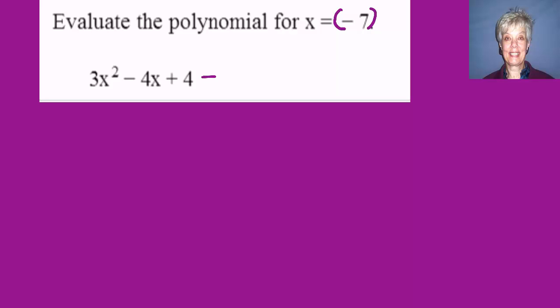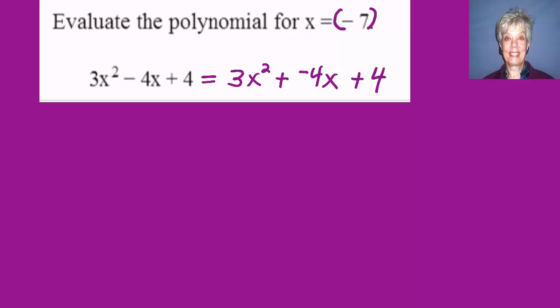And I'm going to rewrite this polynomial as 3x squared plus -4x plus 4. Always rewrite your polynomials this way. We want to add, we do not want to subtract. Okay, -7 is what x equals.